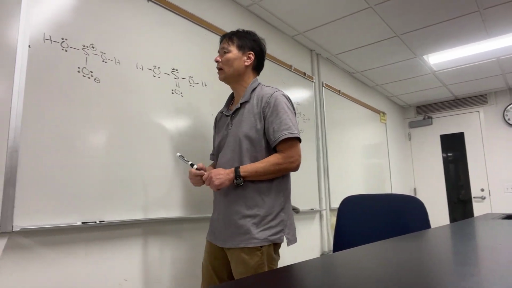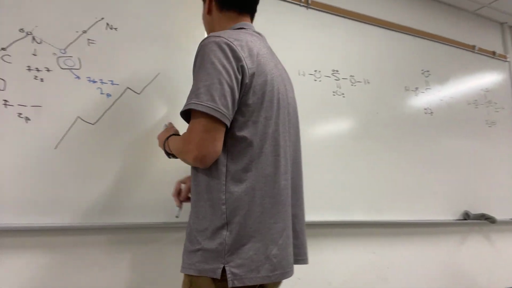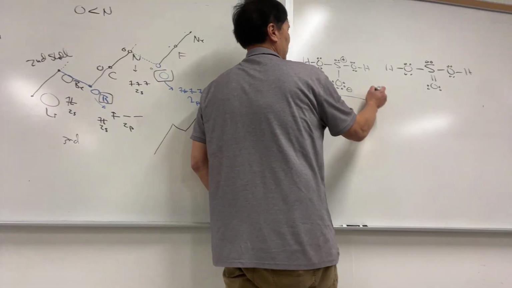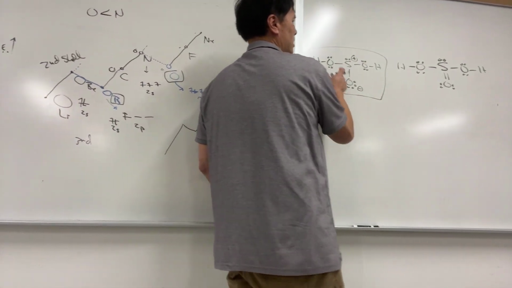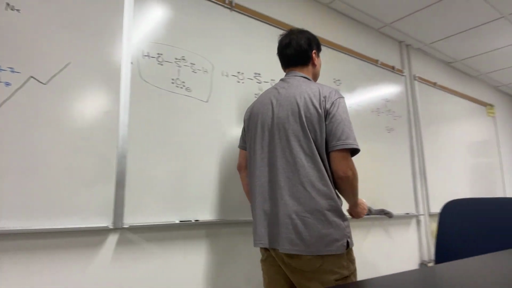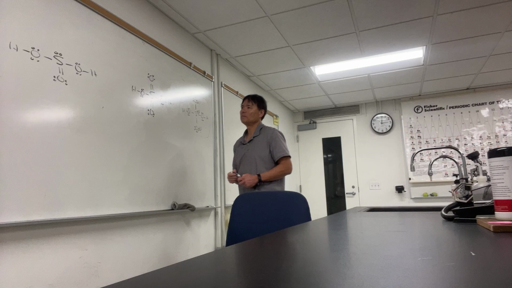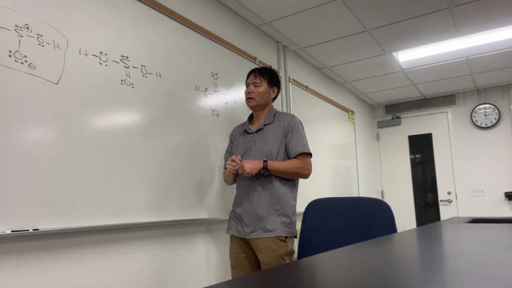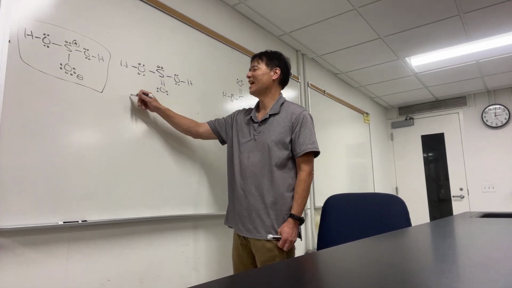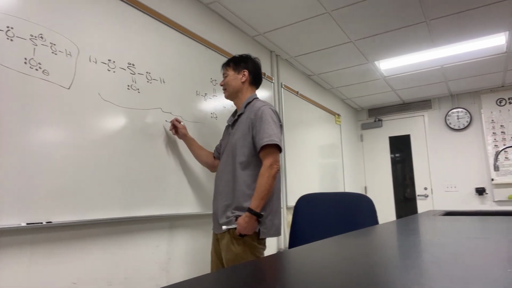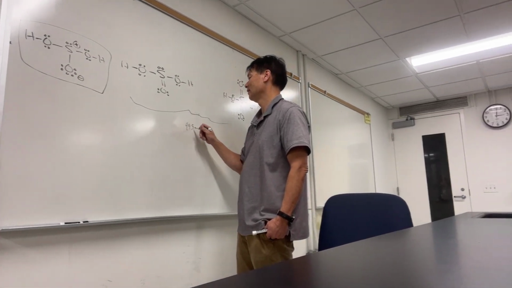However, you could just leave it as an octet and have this ionic contribution here, and same thing here. The problem with this is, if you go to Google and do an image search, 99.9% of the structures look like this.